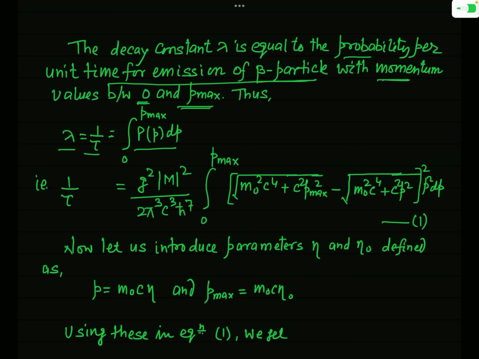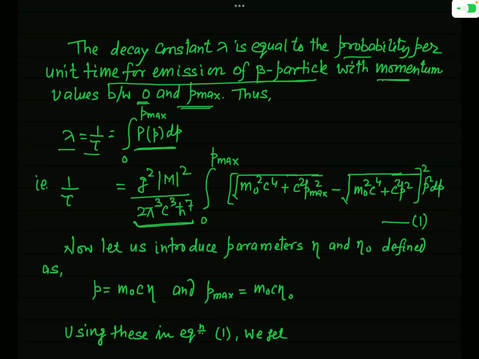In the expression of P(p)dp, this factor g² |M|² over 2π³c³ħ⁷ is a constant factor, so I have taken it outside of the integral. And inside the integral, there will be what? There will be a square of this much.